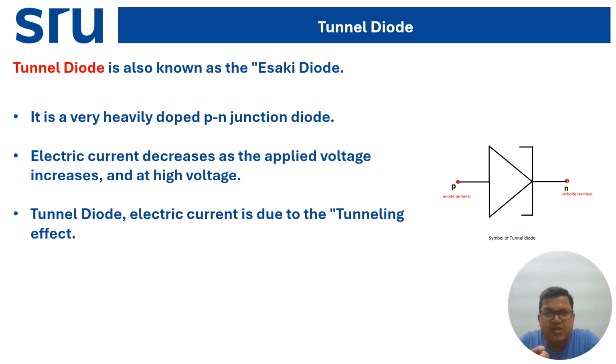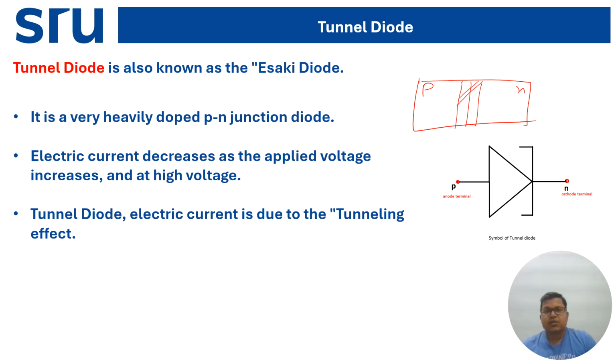So it is a very heavily doped p-n junction diode. I just told you the same thing right now: if we consider this is a p-n junction diode, this is the p side and this is the n side. We are making the junction very thin.